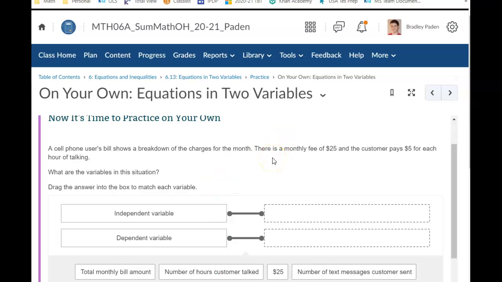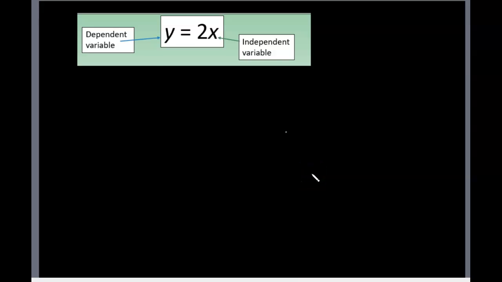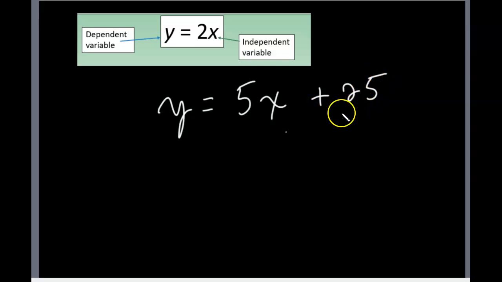We could say y is equal to a monthly fee of $25 and $5 for each hour of talking. So I would write this like y is equal to $5 per hour talking plus that $25 monthly fee.